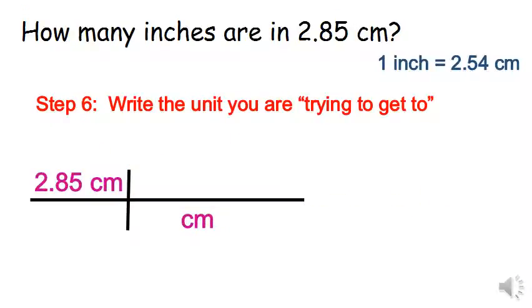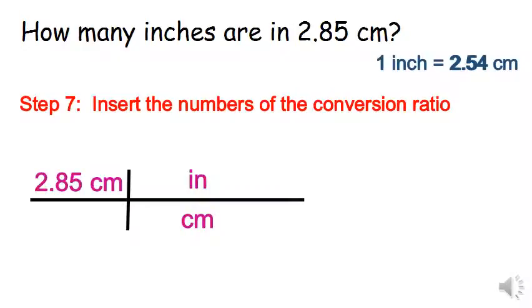Now that you've chased the unit down, you now want to write the unit you're trying to get to, which in this case is an inch. Now that you have that done, now all we have to do is stuff the numbers from our conversion ratio or our equivalent statement into the dimensional analysis.